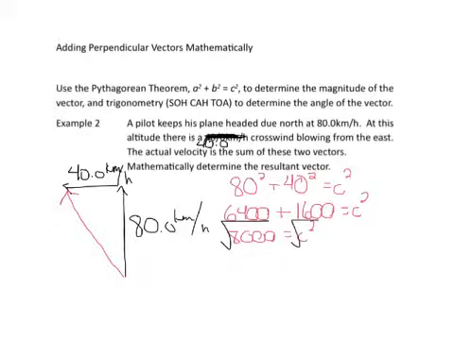Take the square root of both. And to correct significant figures, C would be 89.4 kilometers per hour.